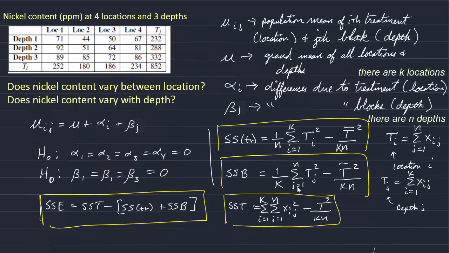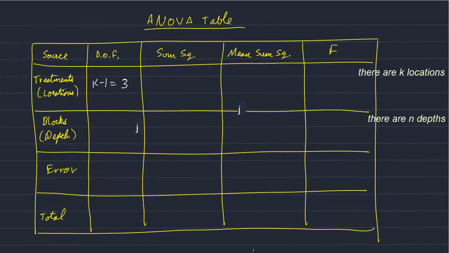For the blocks, this depends on n totals for each depth. And so the degrees of freedom there are n minus 1, which in this case is 2.